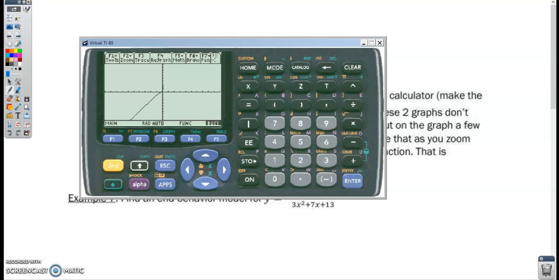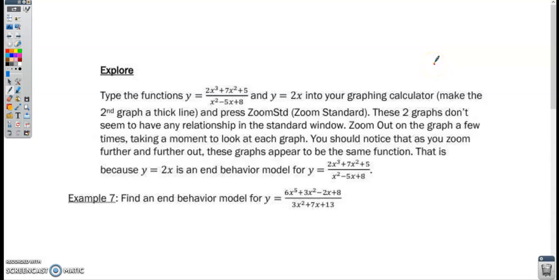But what happens here is if I zoom out a handful of times, they're already starting to look pretty close to one another. Let's do it one more time. Hopefully that'll do the trick. In essence, these two curves really just look like they are the exact same curve as we get further and further out. Okay, that's because y equals 2x is an end behavior model for y equals 2x cubed plus 7x squared plus 5 all over x squared minus 5x plus 8.